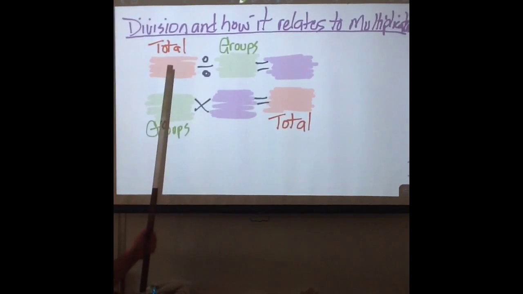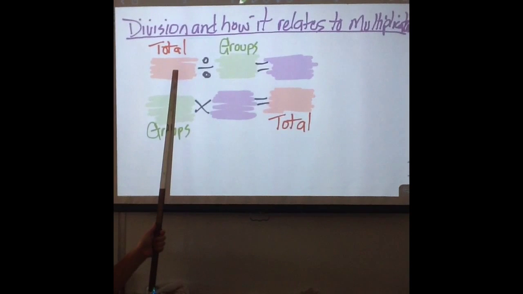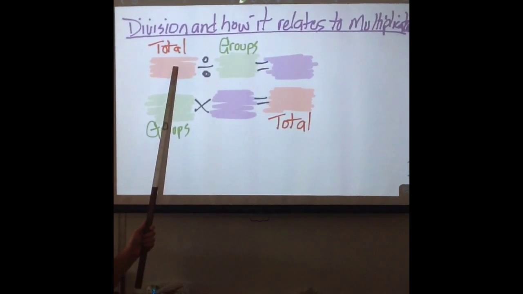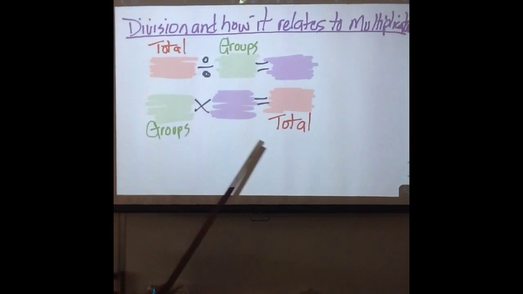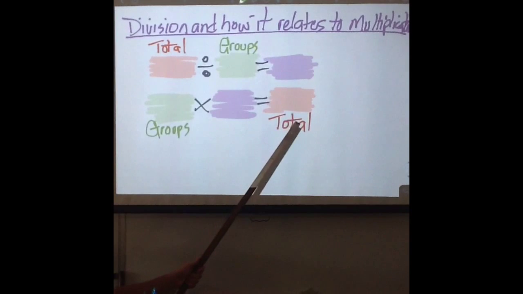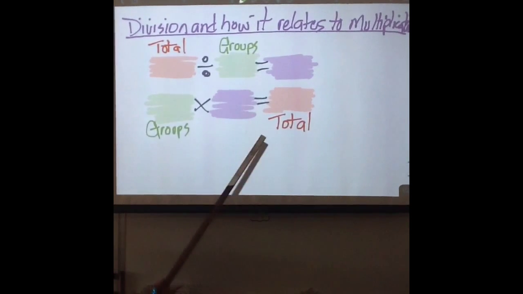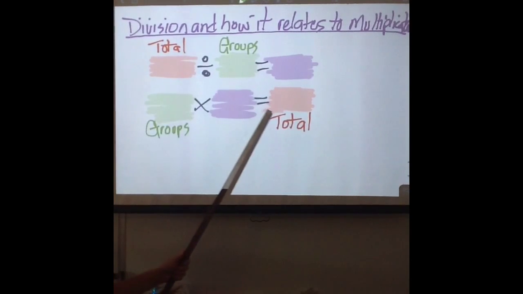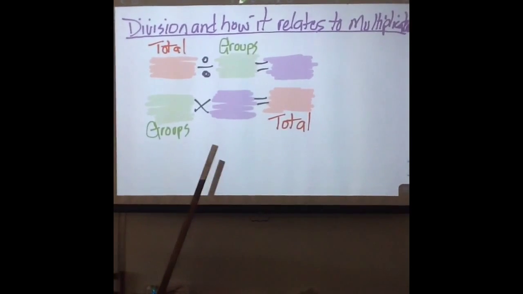Okay, so you have your total here in division. Your total comes first. Say the total comes first in the division problem. And in multiplication, total comes last. Total comes first in division. Total comes last in multiplication.